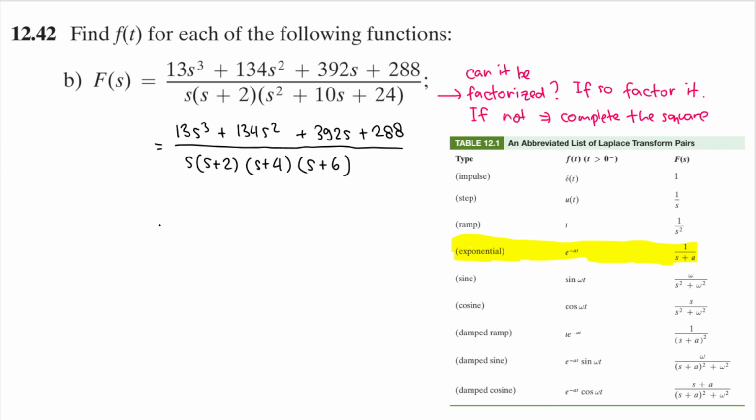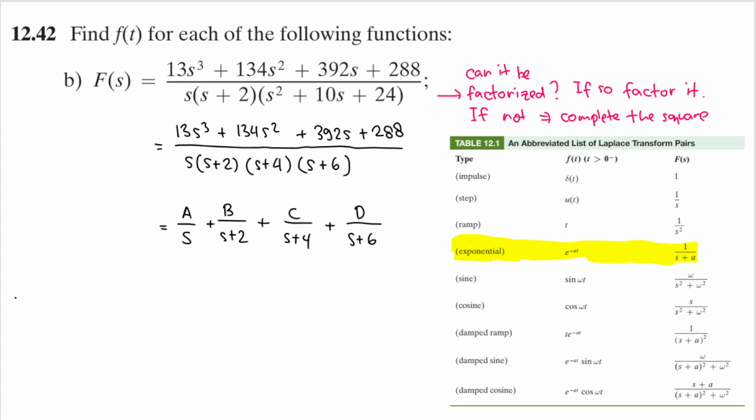This will be A over s, plus B over s plus 2, plus C over s plus 4, and then plus D over s plus 6.